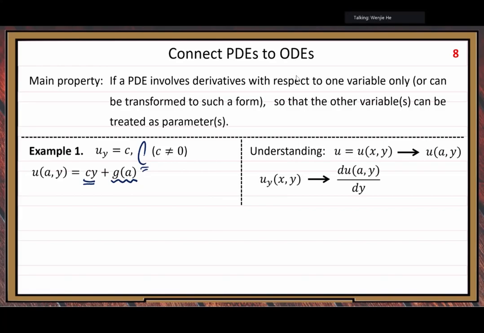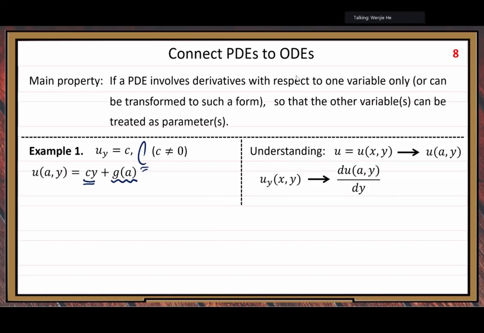Because when you take the partial derivative with respect to y, this term, just like a constant, is gone. So now we do the inverse of that process. Now we want to get back to the most general constant expression.